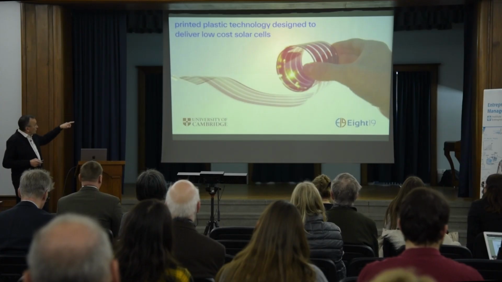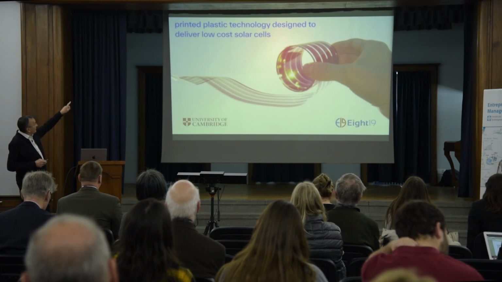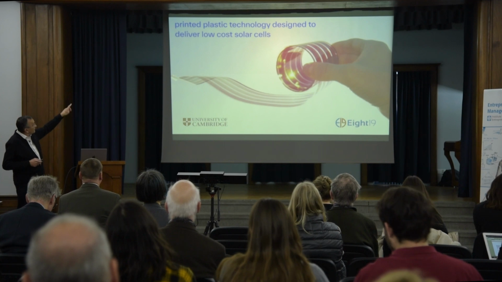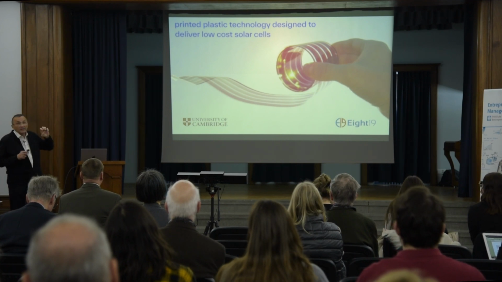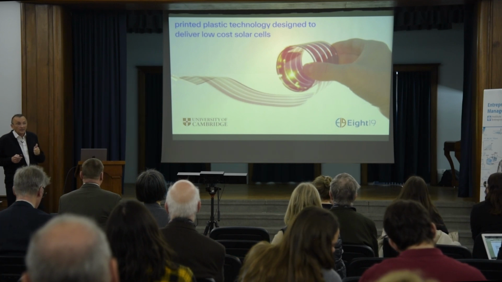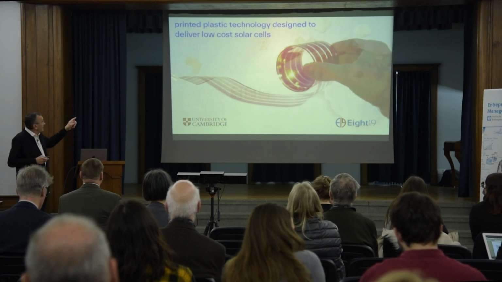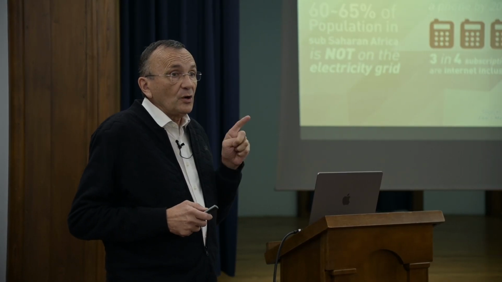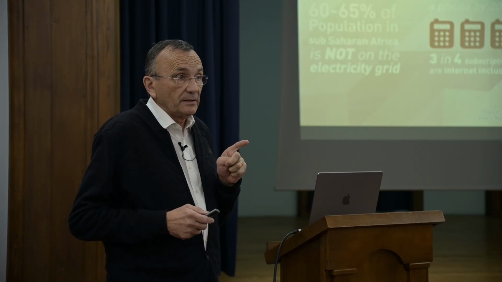He used to work in a lab, and he has seen that a lab at Cambridge developed a special printed plastic technology designed to deliver low-cost solar cells. That's the first resource. And then he has seen that 600 million people have no access to the grid electricity.